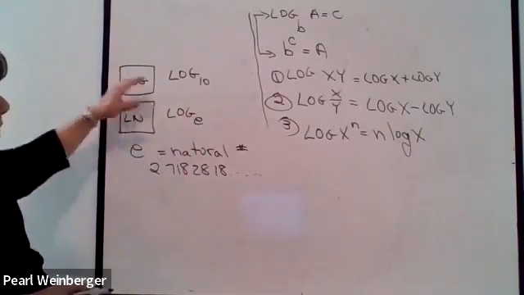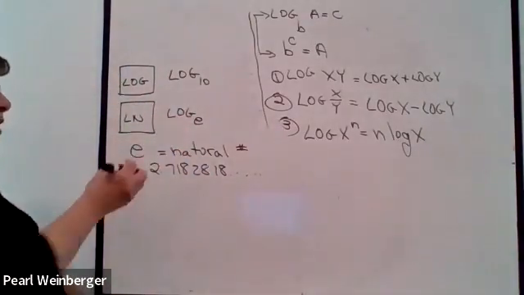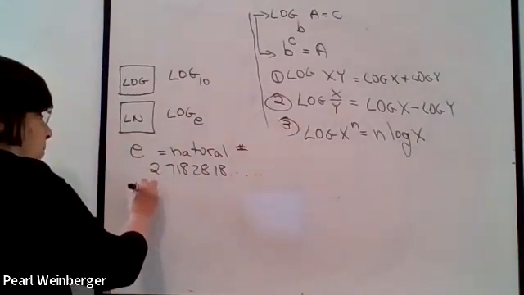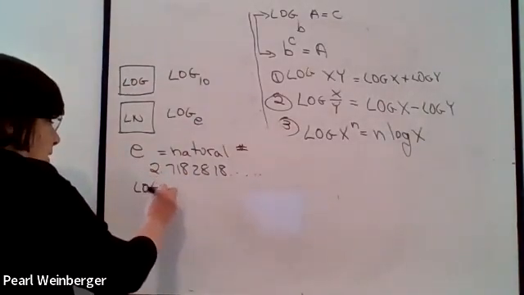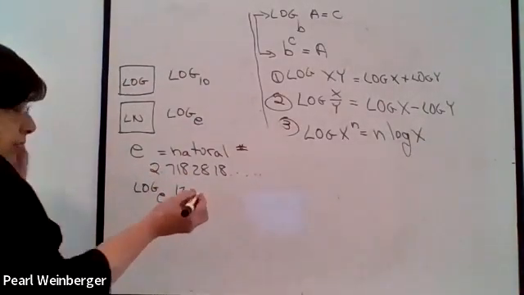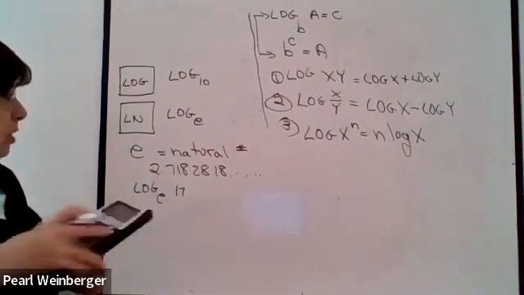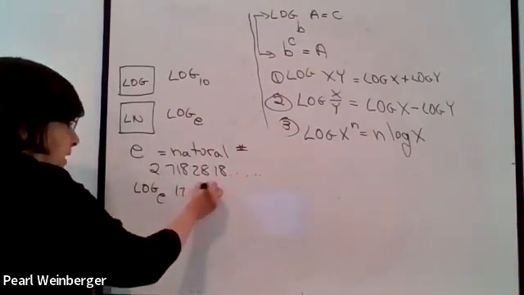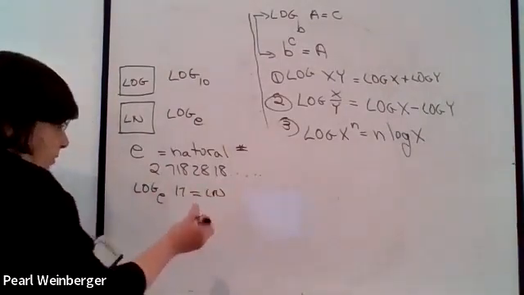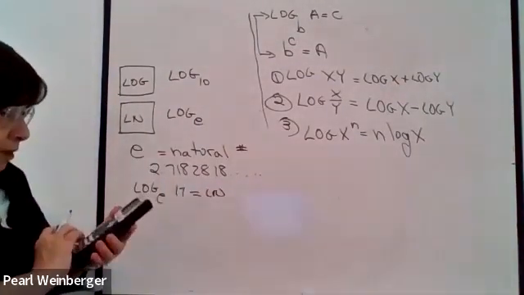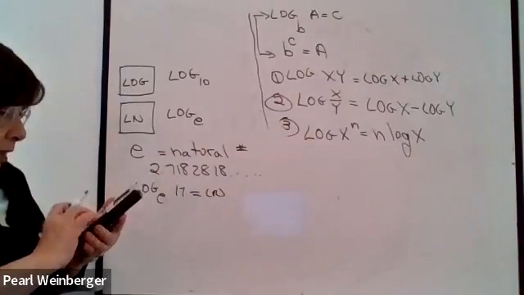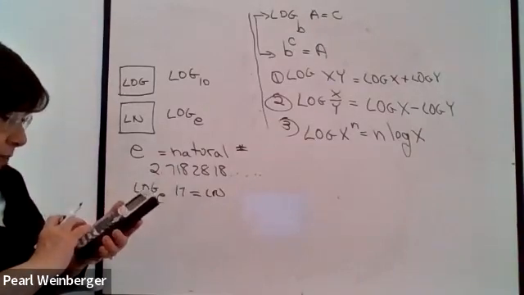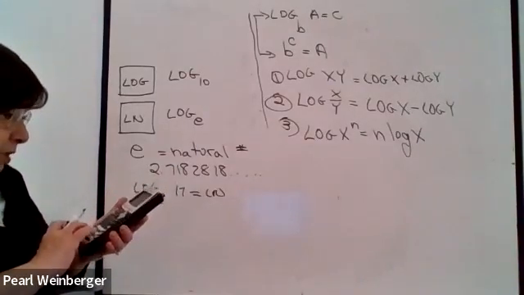And if I want to find out what is the log base e of 17, all I have to do is go to my ln button on my calculator. I can't do this any other way but on my calculator, and press my ln button, and then just put in the 17.